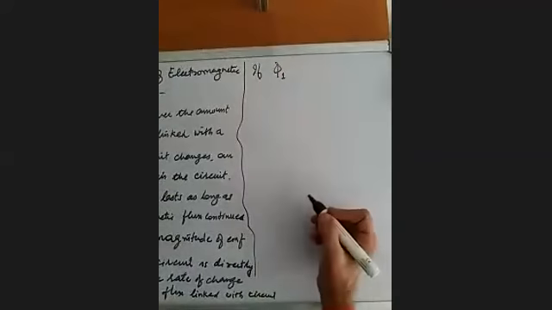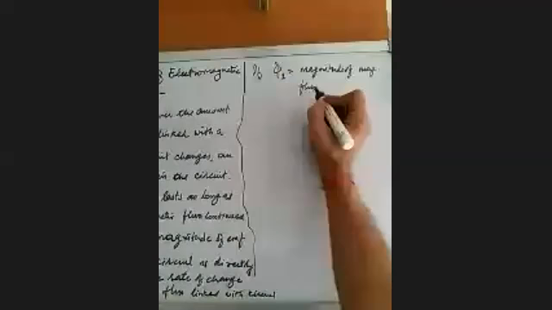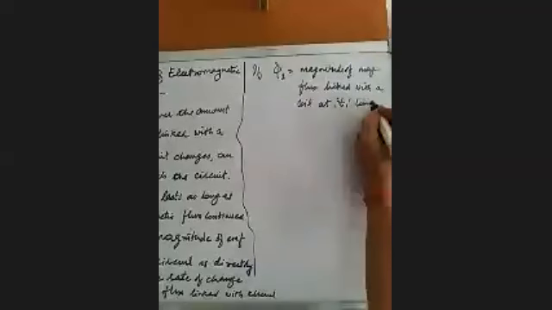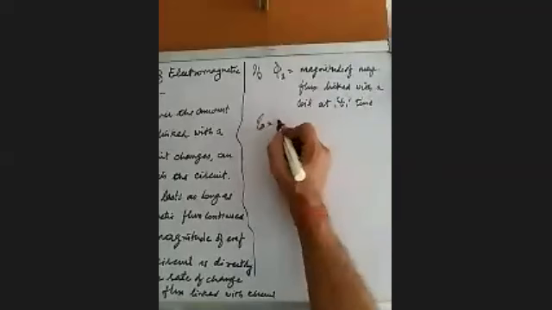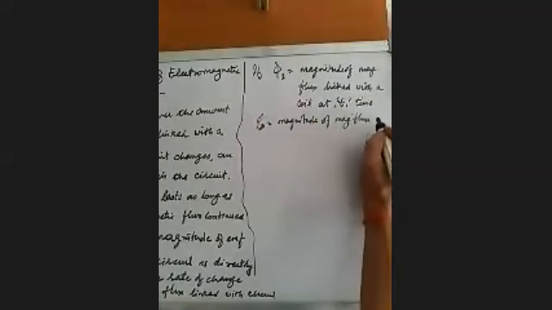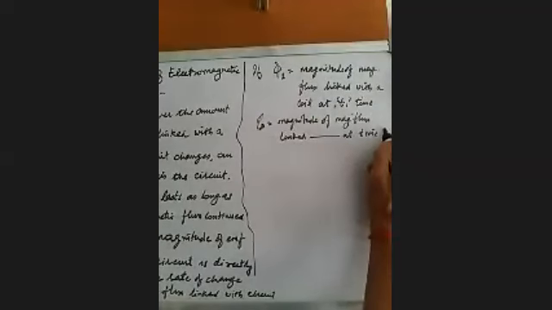Suppose phi1 is the magnitude of the magnetic flux linked with a coil at any time, say time t1, and phi2 is again the magnitude of magnetic flux linked with the same coil at time t2.